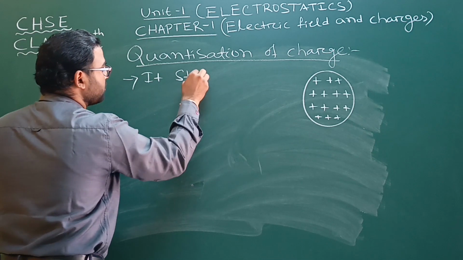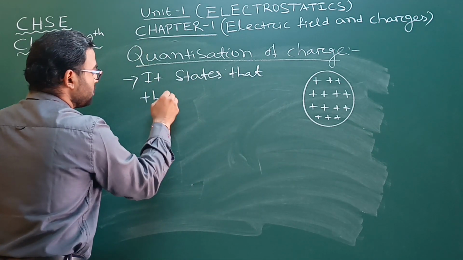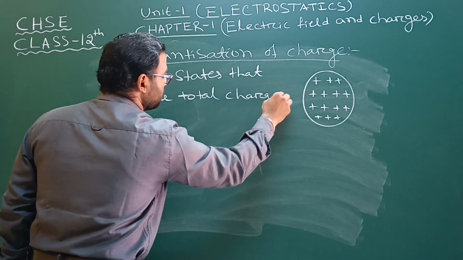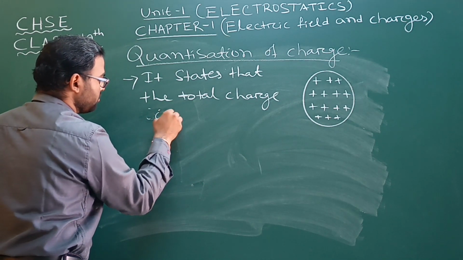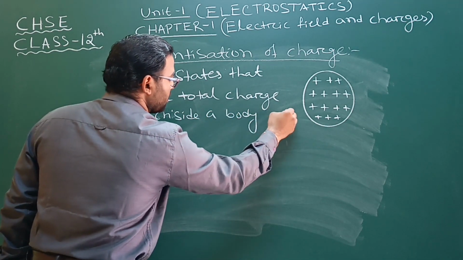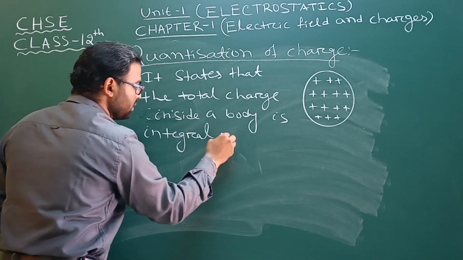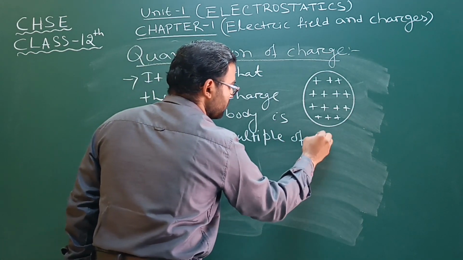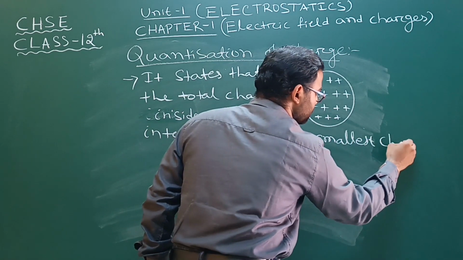It states that the total charge inside a body is integral multiple of smallest charge.